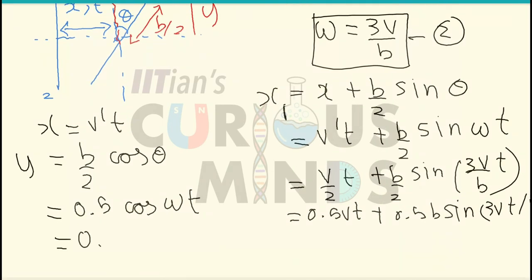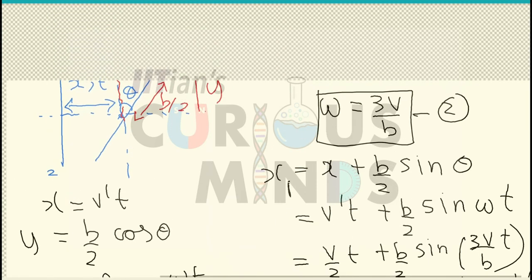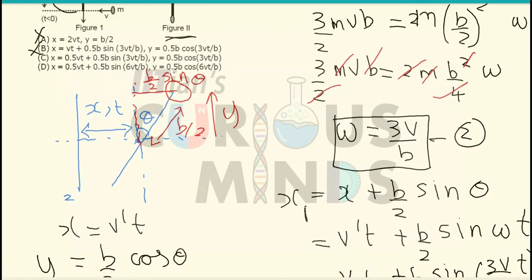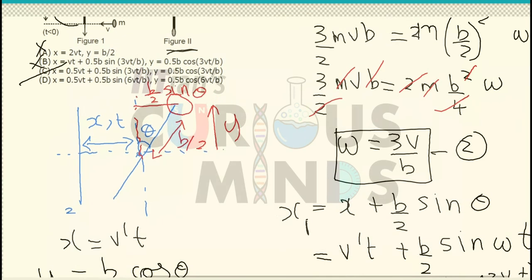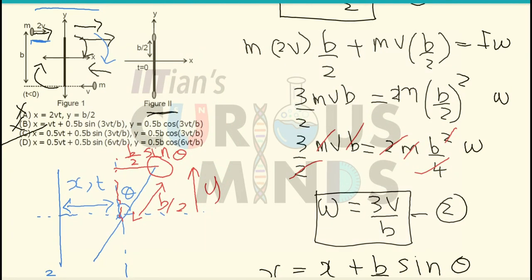So it is equal to 0.5 b cos 3vt divided by b. This is the displacement along the y direction. If I see the answer, it is option number C. So the x displacement will be equal to 0.5 vt plus 0.5 b sine 3vt divided by b, and the y displacement will be equal to 0.5 b cos 3vt divided by b.